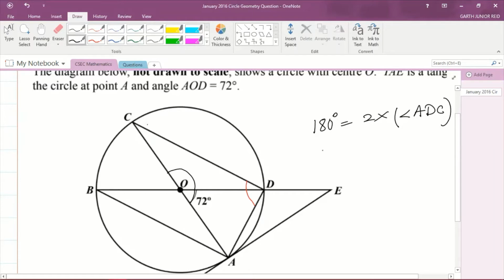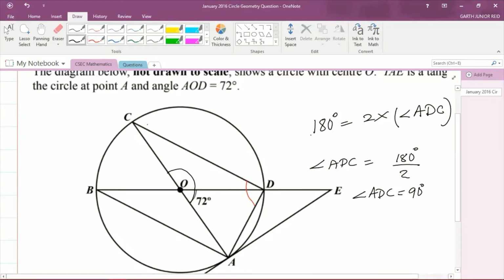So if I want to find angle ADC, what I would have to do is divide both sides of the equation by 2. Then I will get angle ADC being equal to 180 degrees over 2, which is 90 degrees.